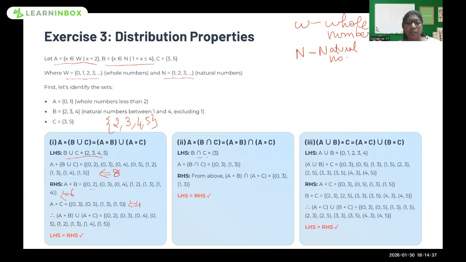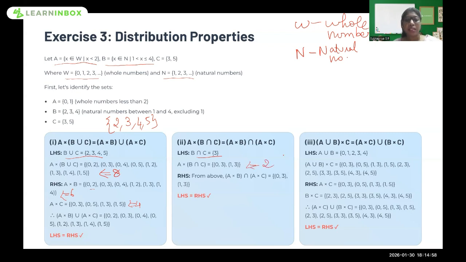So B intersection C. In B and C, only 3 is the element which is common. Now we have to find A cross B intersection C. That is in A, 0, 1 is over there, and here only 3 is there. Of course, we will be getting 2 elements in total.